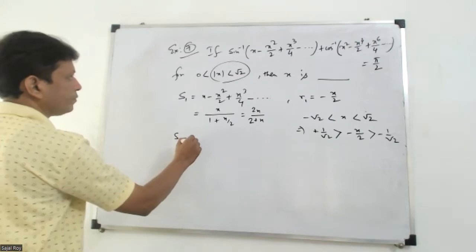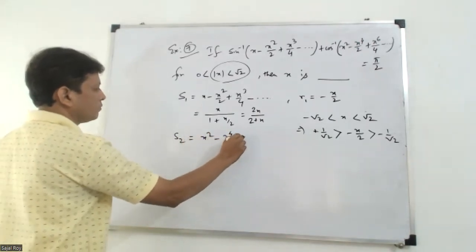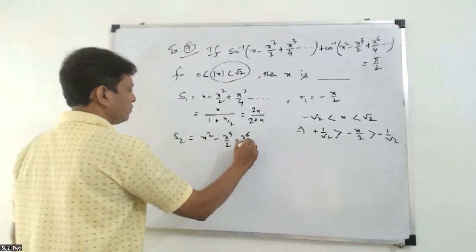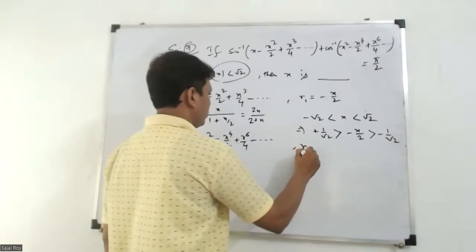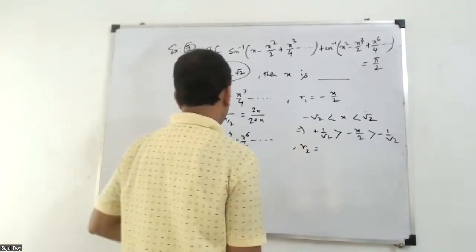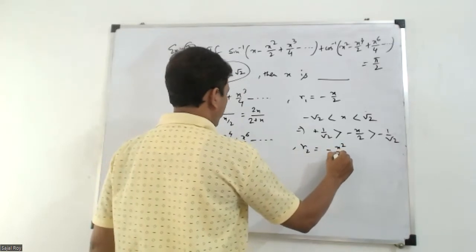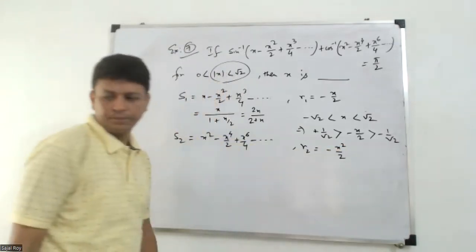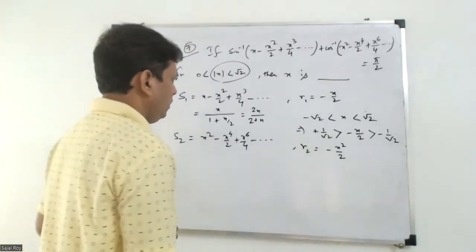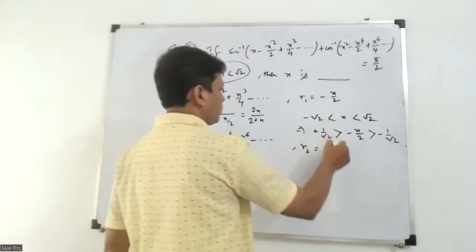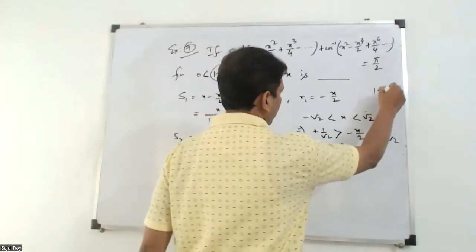S2. So what is the common ratio? Minus x squared by 2. And x is here, so this will definitely be less than 1, satisfying the mod x less than 1 condition.